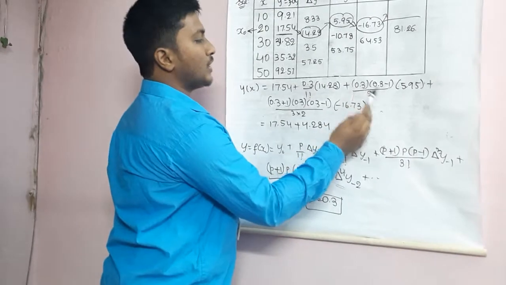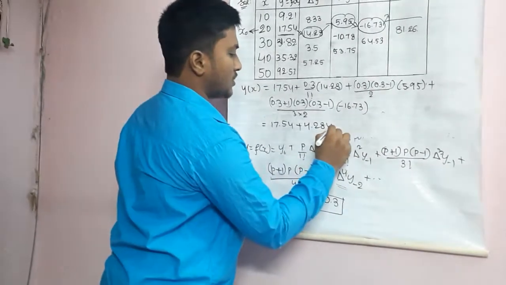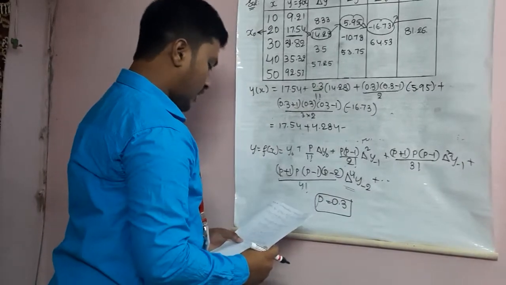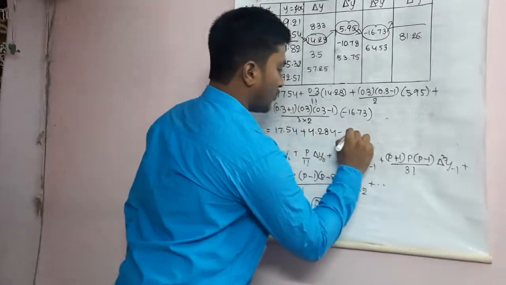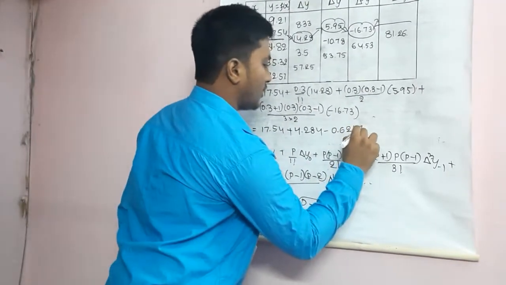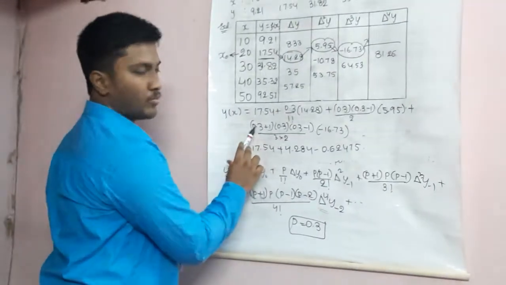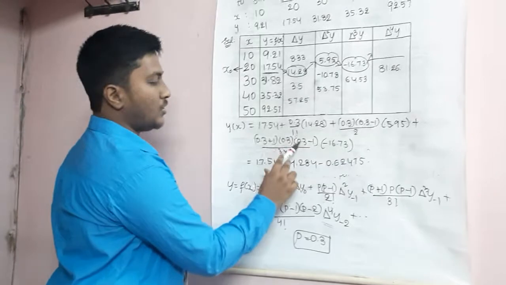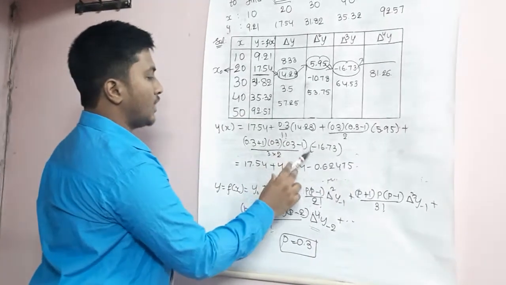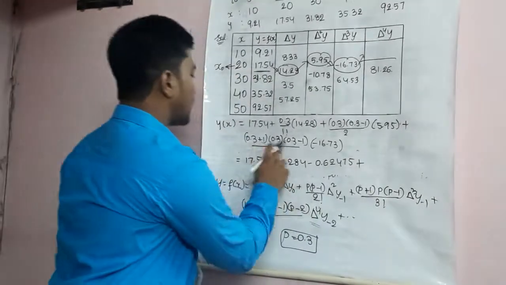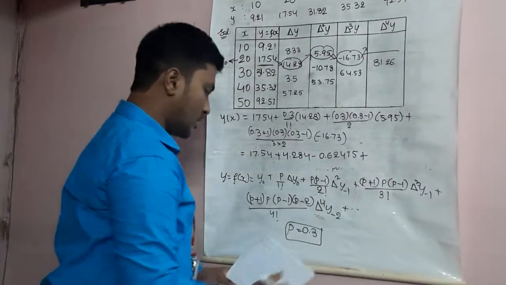So we can know that it is a negative value. So place the negative sign, and by calculating this I got the value as minus 0.62475. Next term, 0.3 plus 1, 1.3, into 0.3 into minus 0.7, and minus into minus will become plus, and by calculating this whole value I got 0.76122.